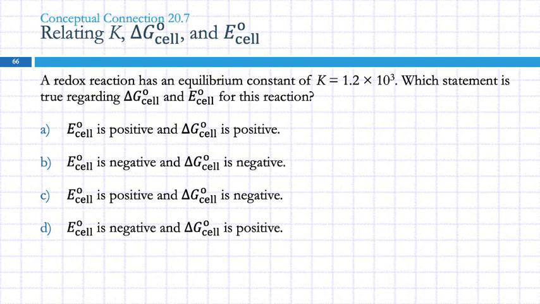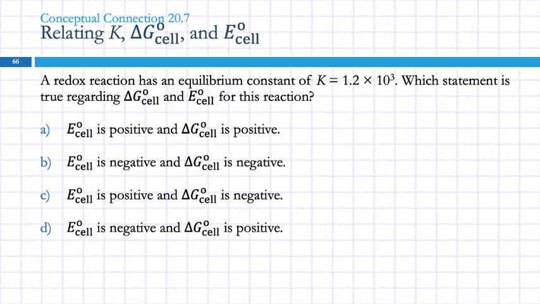A redox reaction has an equilibrium constant of K equals 1.2 times 10 to the third. Which statement is true regarding standard free energy change for the cell and standard cell potential for the reaction? Well, what do we observe about K?